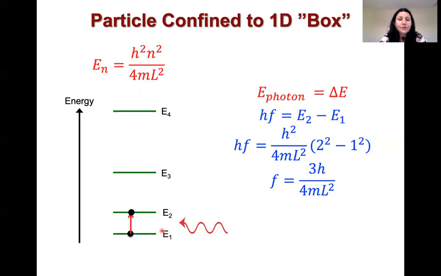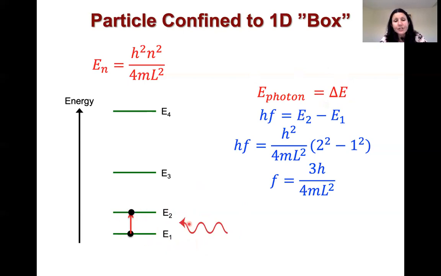So if a photon comes in, it can get absorbed by this particle in such a way that it jumps an energy level. But because these energy levels are discrete, there's only a very specific energy of this photon, which has to equal exactly that energy difference. So the energy of the photon has to equal exactly the difference in the energy between those two energy levels for it to get absorbed.